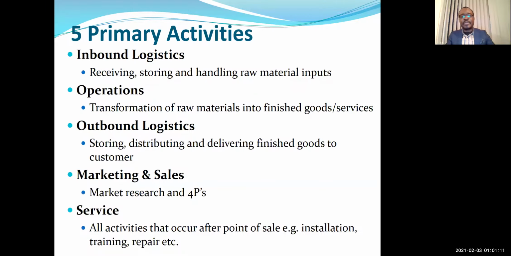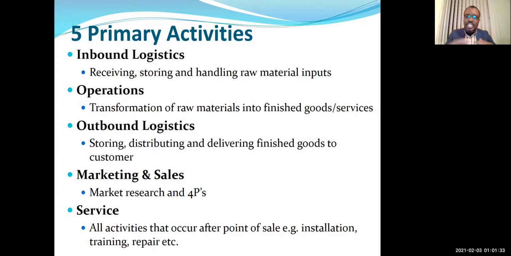So let's look at these 5 primary and then the supporting. The primary 5 talk of inbound logistics: we receive them. We have the operations: we transform these inbound materials. Then outbound logistics. So once again, inbound, receive them.